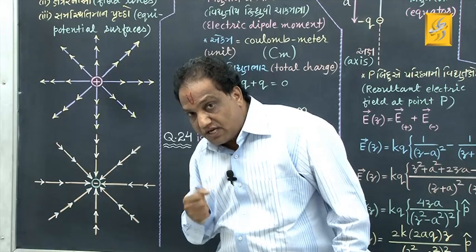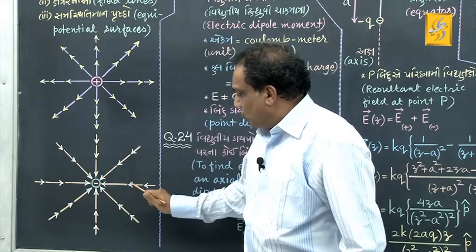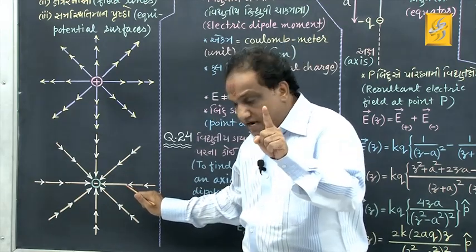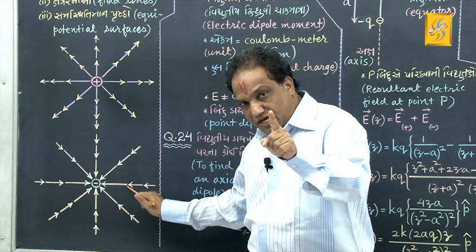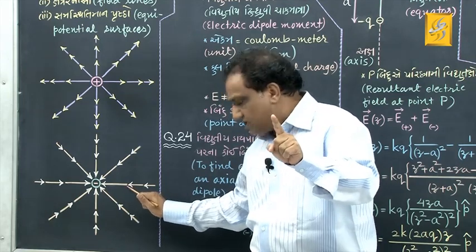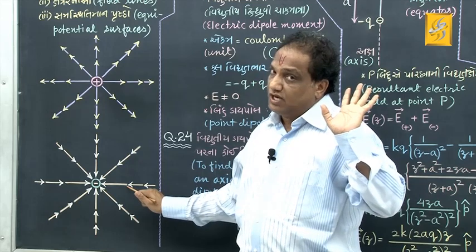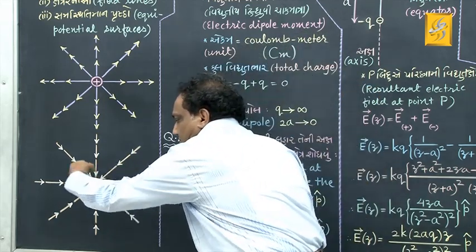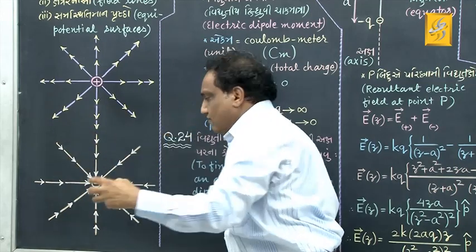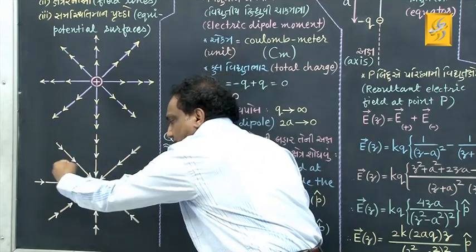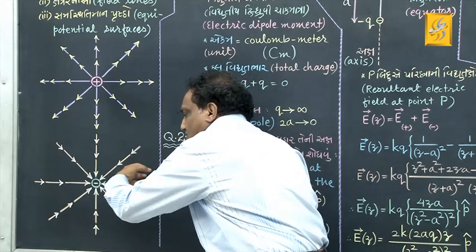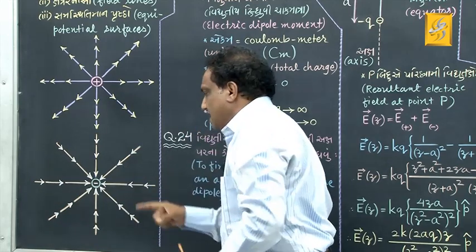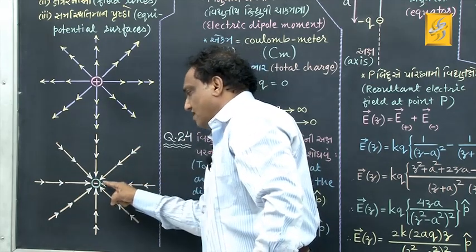Why towards negative charge? Because if you want to find out direction of electric field, say at this point, you should consider test charge at this point, and test charge is always positive, and this negative charge would attract that positive charge this way. So at that time, direction of Coulombian force will be like this, and if direction of Coulombian force is this, then in the same direction there is direction of electric field.